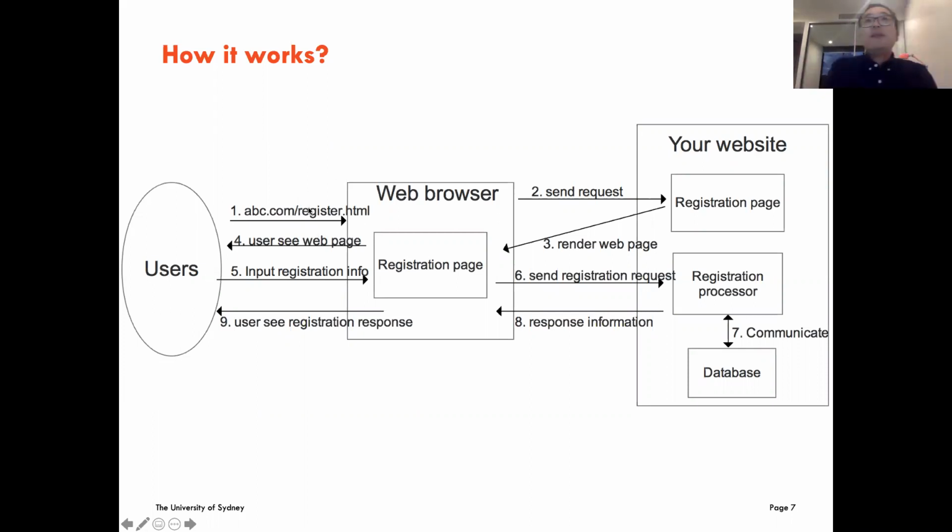When they input this URL, the web browser will send a request to the website, right? And the website will get the request and say, okay, you want to see the register.html page. I will let you render this information to your web browser. So for now, on step 4, the user should be able to see the registration form or registration page.